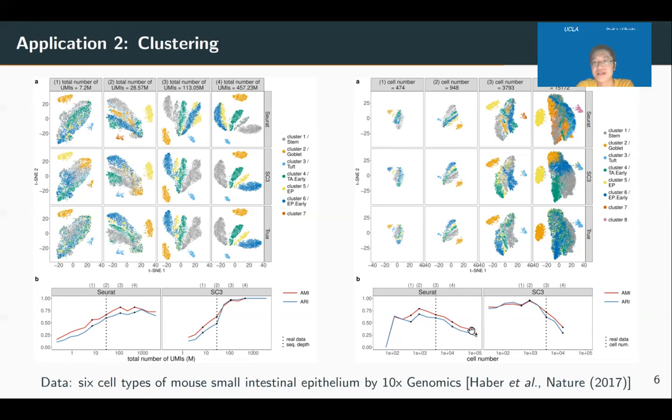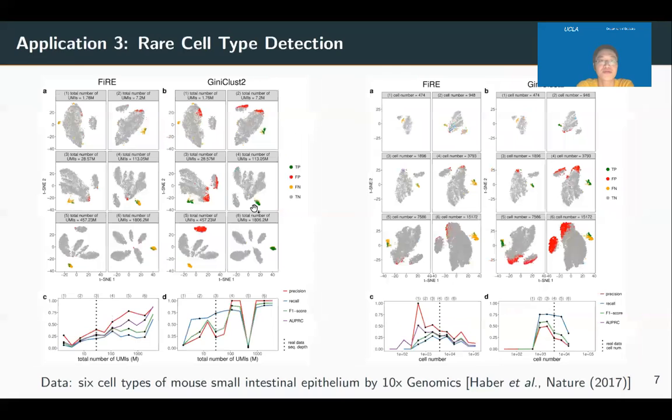But if we have too many cells to sequence, then each cell will not have many reads, and therefore we have a balance like this. The methods we evaluate are CIDR and SC3, and you can imagine you can also evaluate more methods. For rare cell type detection, the analysis is similar. The metrics we look at are F1 score, precision, recall, and so on for detecting a rare cell type.